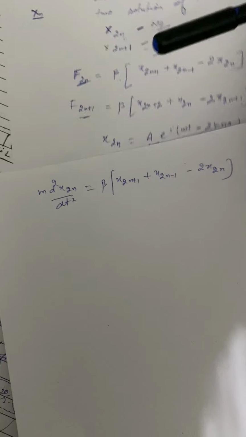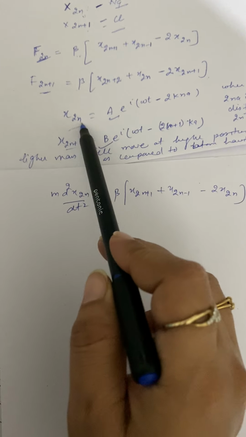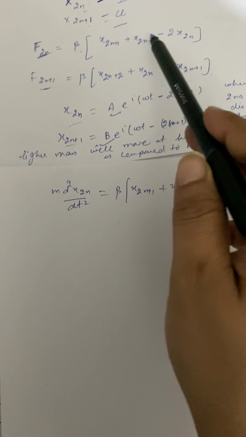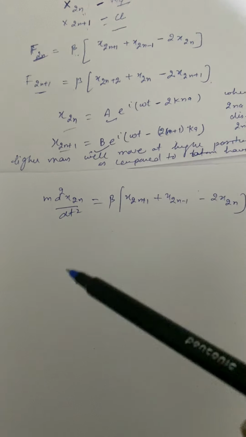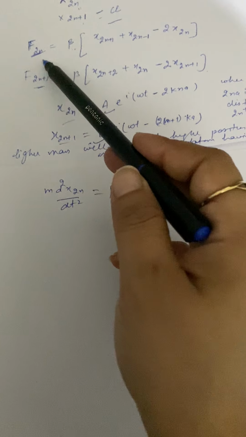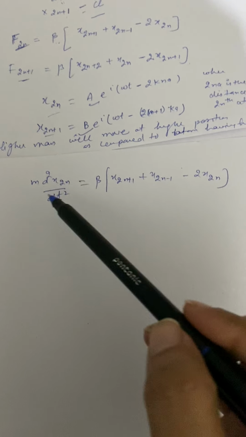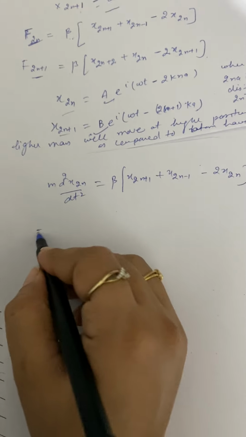By putting the values of x2n and x2n plus 1, similarly for x2n minus 1, here we will write 2n minus 1. So by taking the second order differentiation of x2n, and then putting in the value of x2n, we will get the solution.